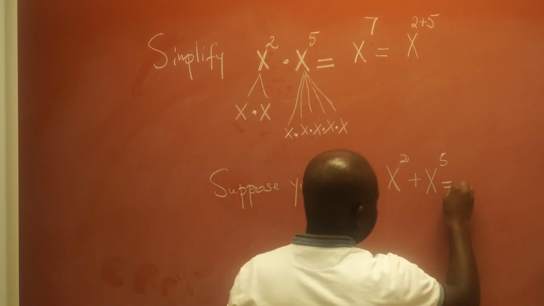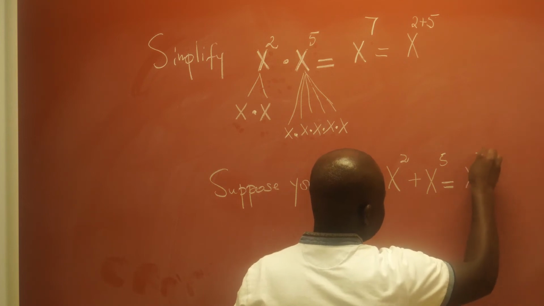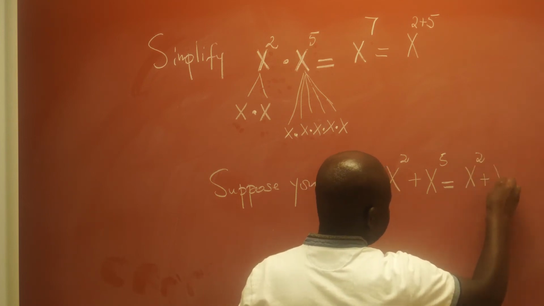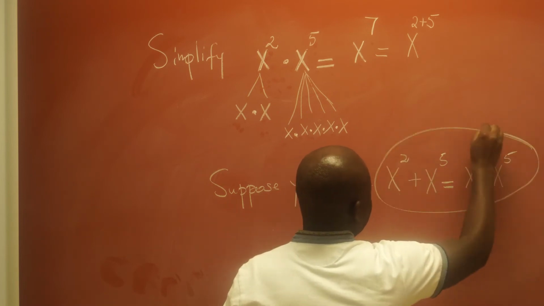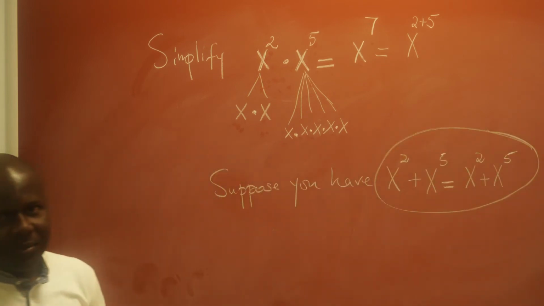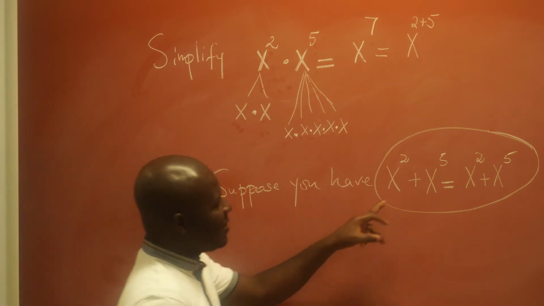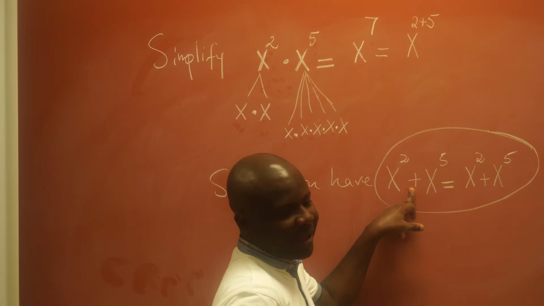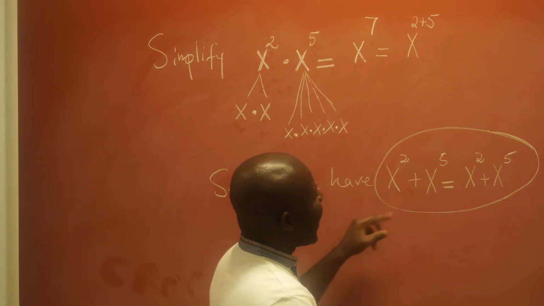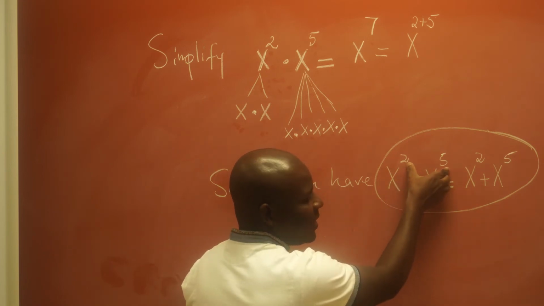The answer is x to the second power plus x to the fifth power. So why is this one different? Exactly. Because in this case, it's addition. And as addition, you cannot combine the powers.